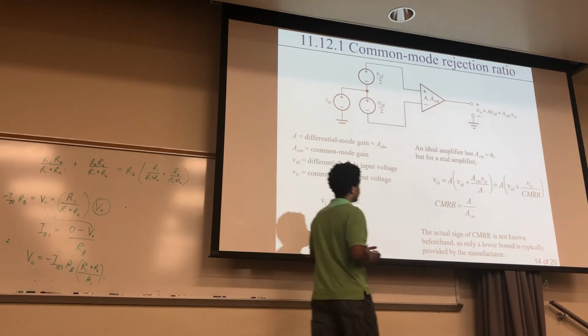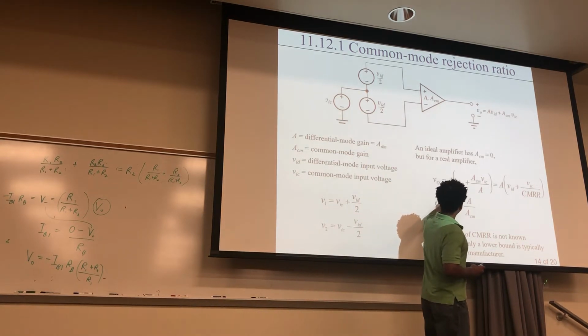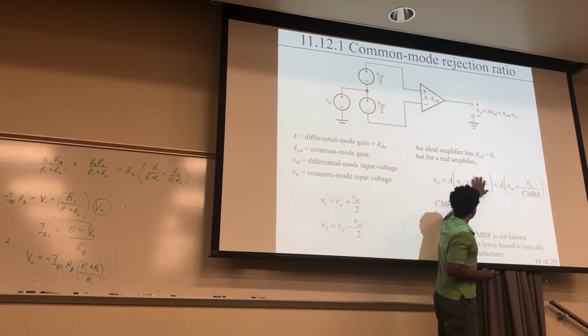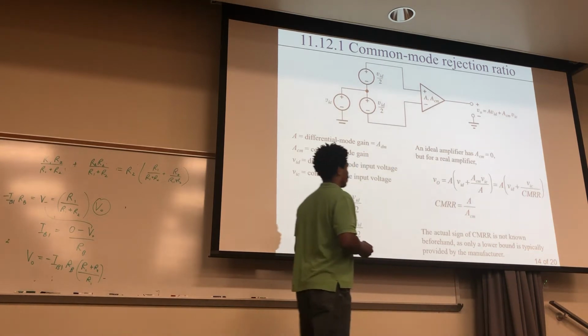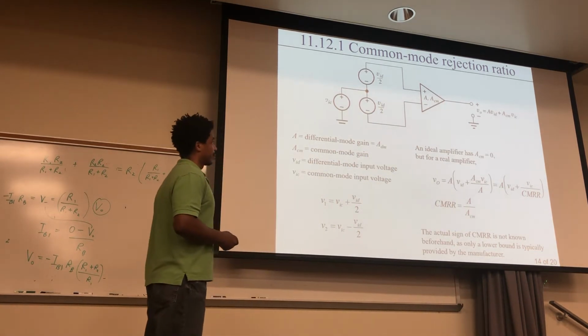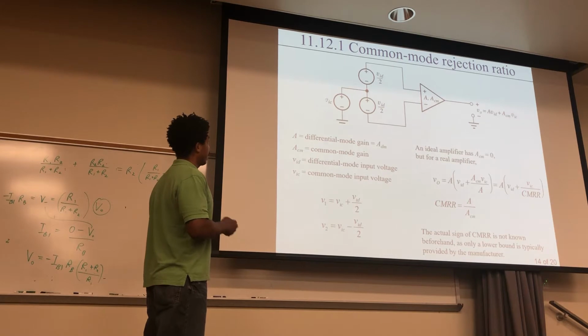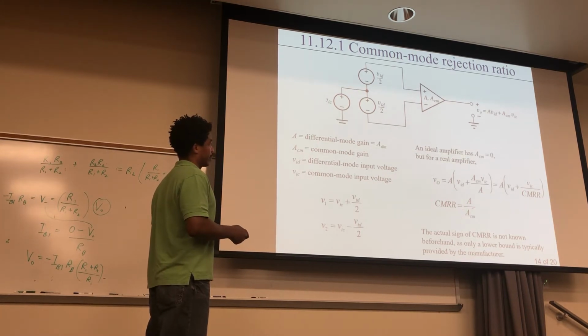And so if you factor out this A from that, that's just a VID. But if you factor out the A from this right here, you have this ratio, where it's a common mode amplification divided by A. And this is called the common mode rejection ratio, right here. Where it's the A, differential mode gain, over the common mode gain.